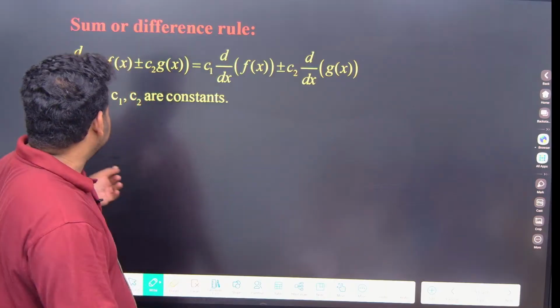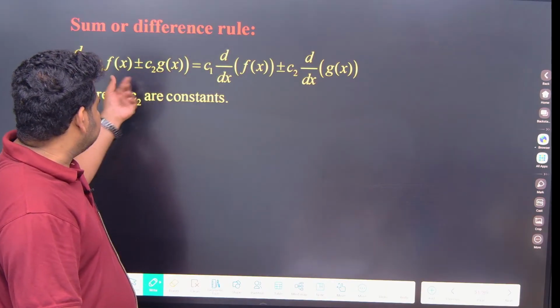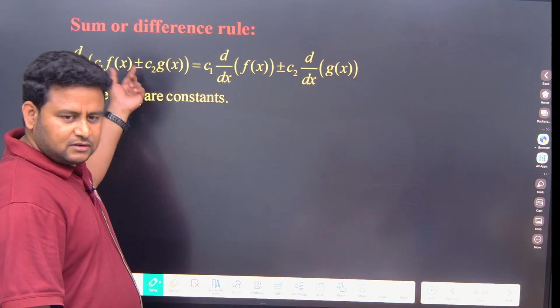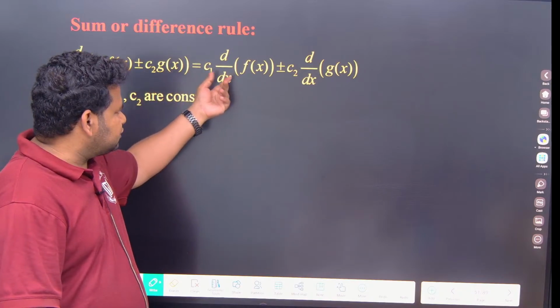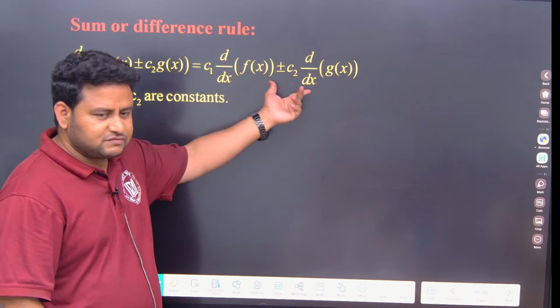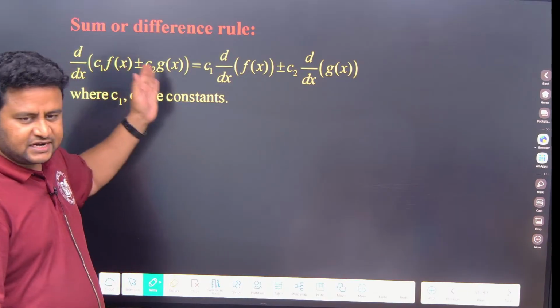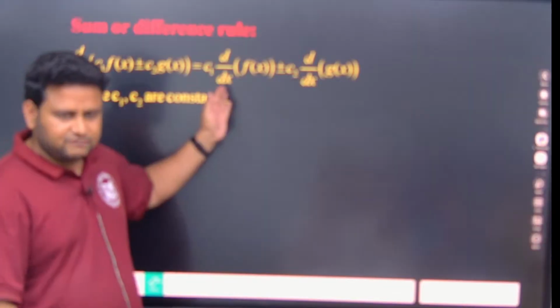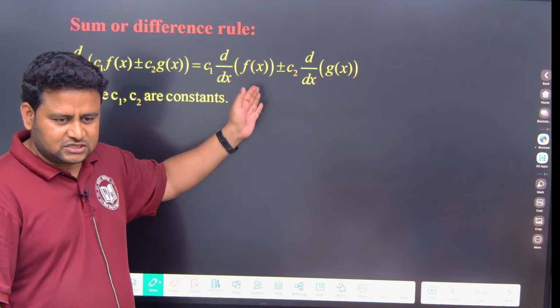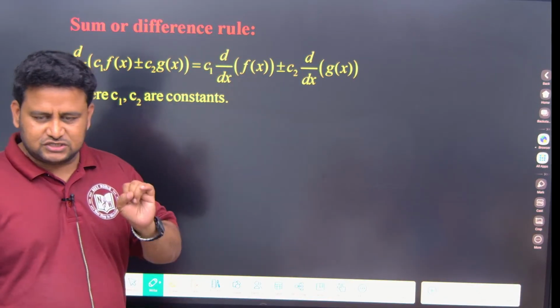Differentiation of a sum or difference of functions is the differentiation of the first function plus or minus the differentiation of the second function, that is d by dx of first function plus or minus second function. In differentiation certain things you have to know.